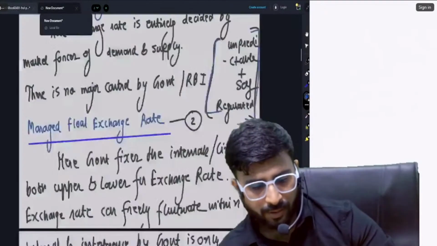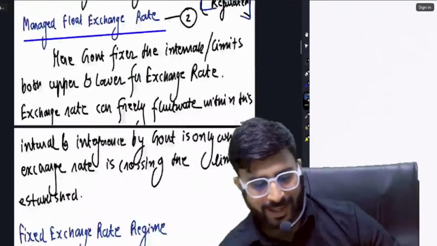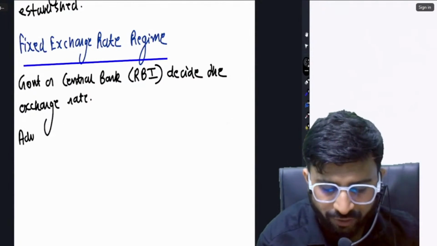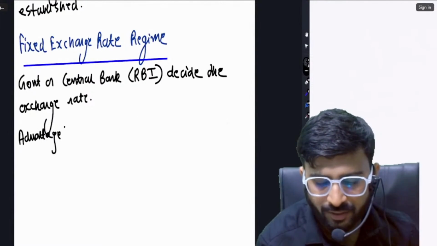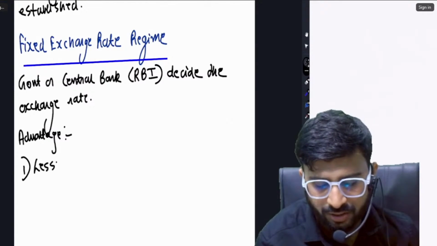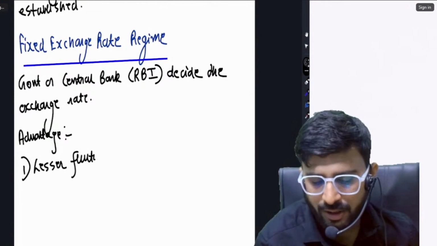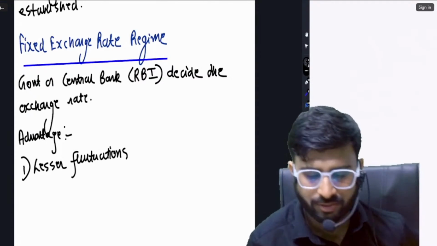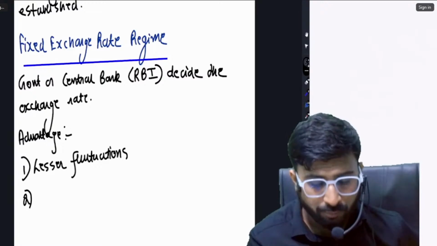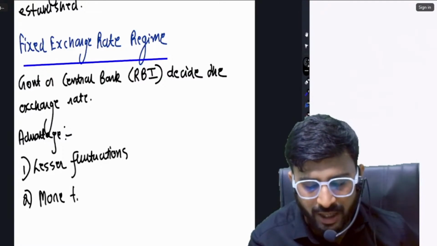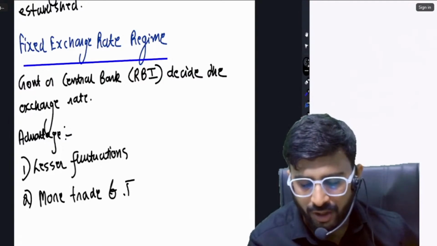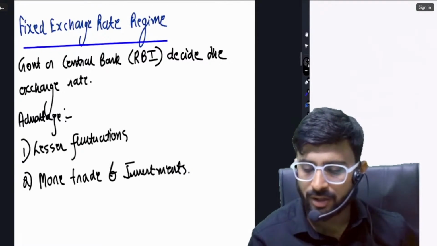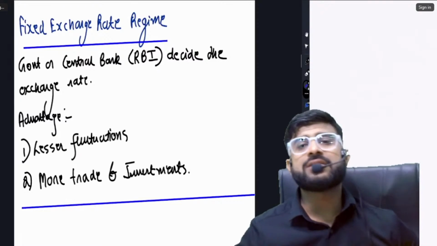So the advantage of a fixed exchange rate regime is lesser fluctuations, and more trade and investment. Two major advantages that you have got to write. Understood, not understood, everybody? Please clarify this.